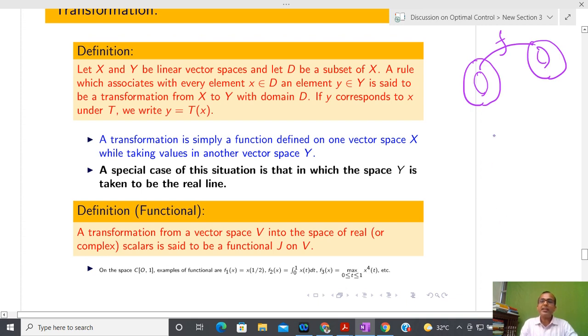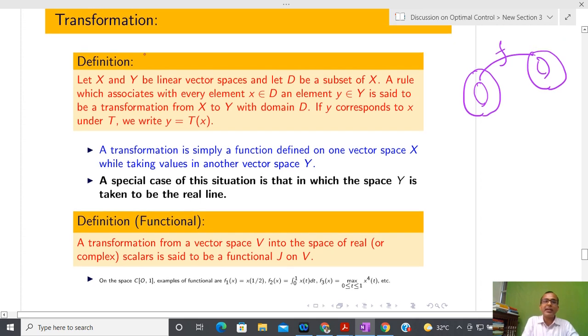Then they call it a transformation, some kind of function. So x and y are linear vector spaces, and D is a subset of x. A rule which associates every element of D to an element of y is said to be a transformation.